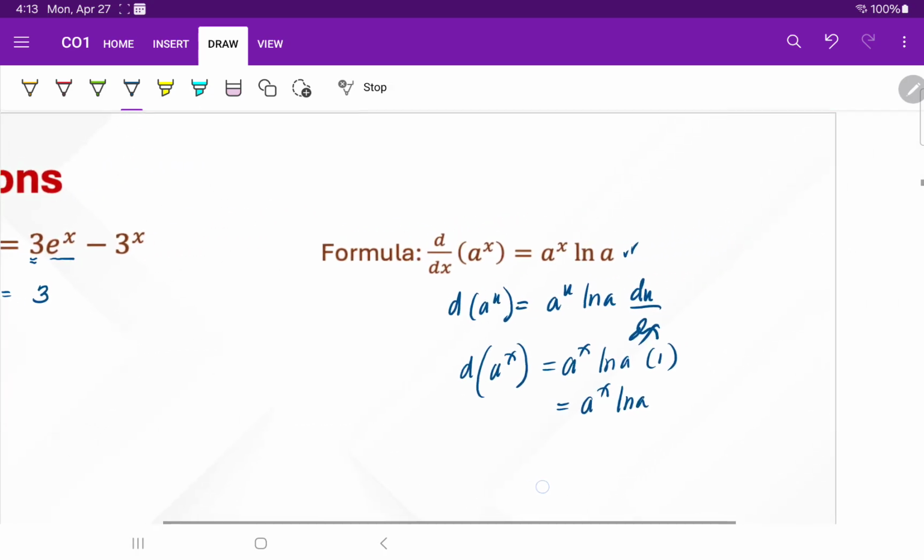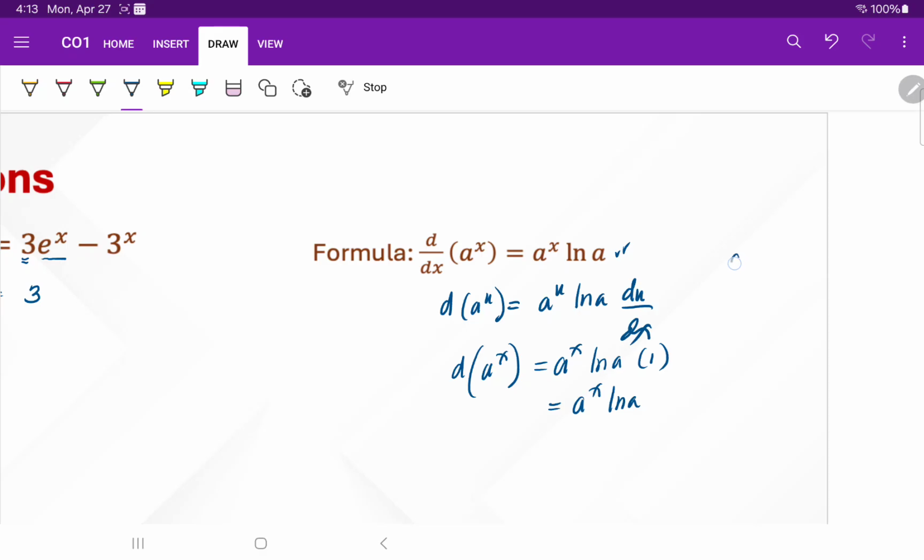Now, for us to find the derivative of e to the u, what is our formula for the derivative of e to the u?